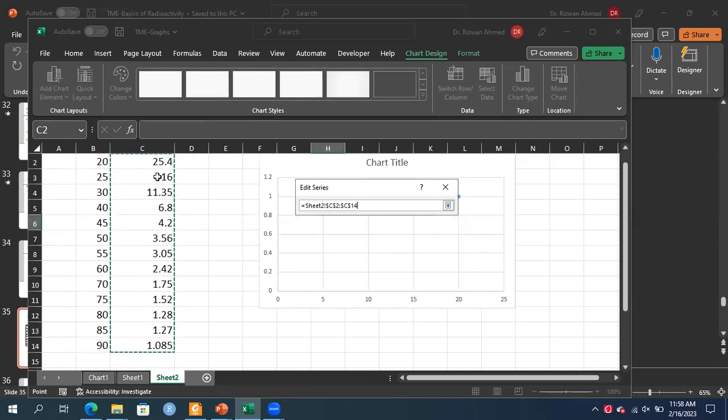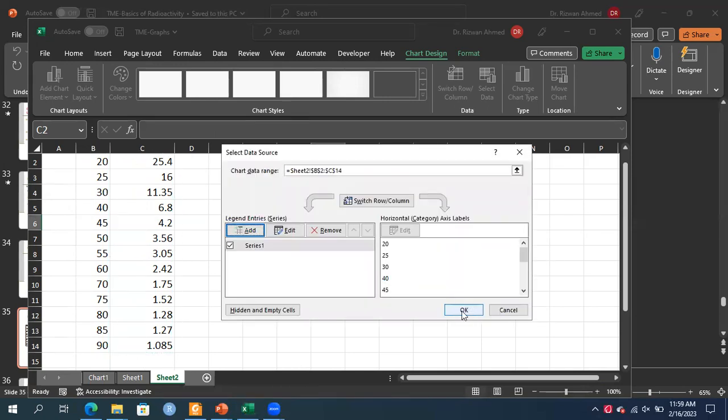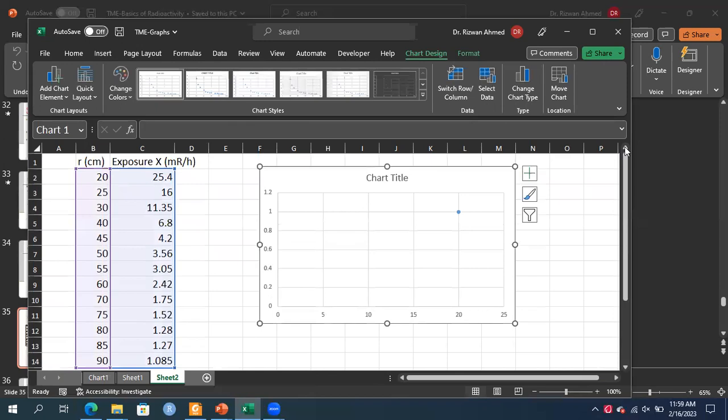Well, exposure and dose are convertible with a constant. So here we are. Okay, only one point has been plotted.